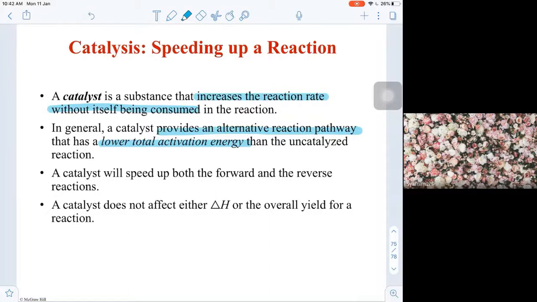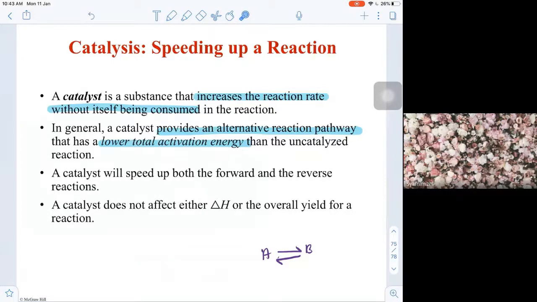Another point that we have to remember about the catalyst is, if we have a reversible reaction, A that can produce B and can reverse back to A, the speed of the forward reaction, producing B, and the backward reaction, B producing A, will both be increased, both forward and reverse.